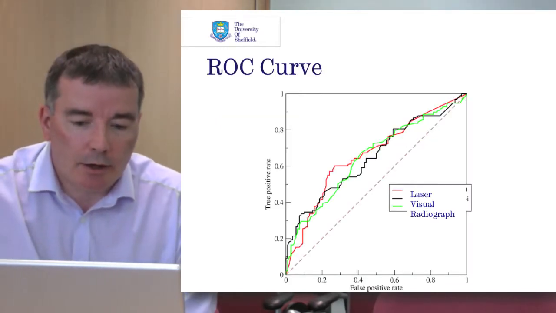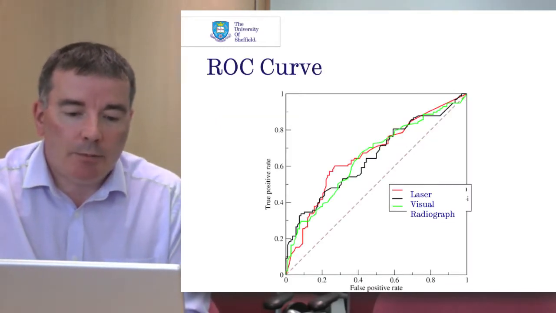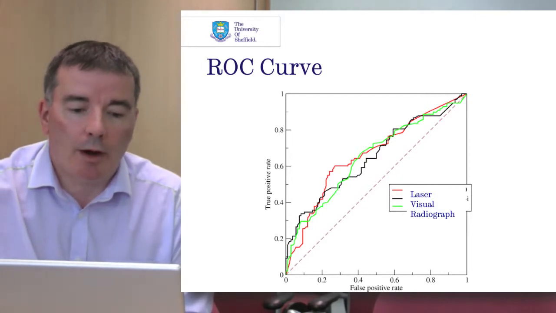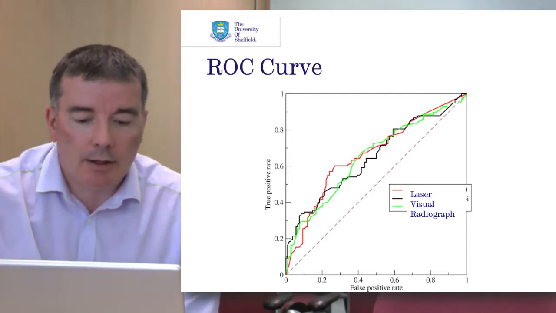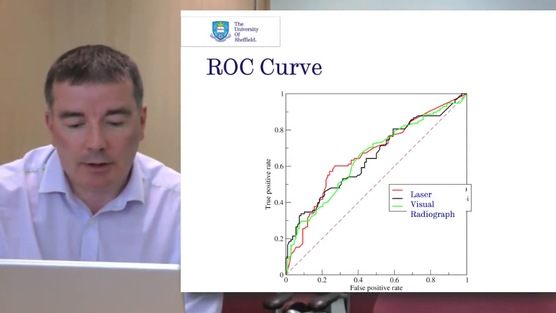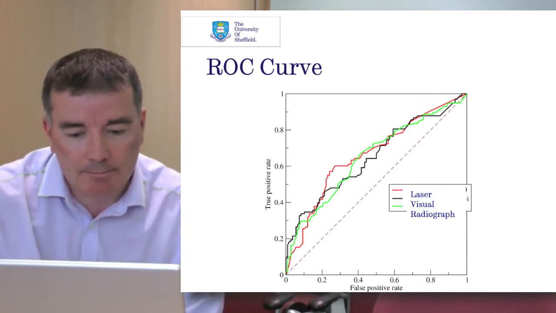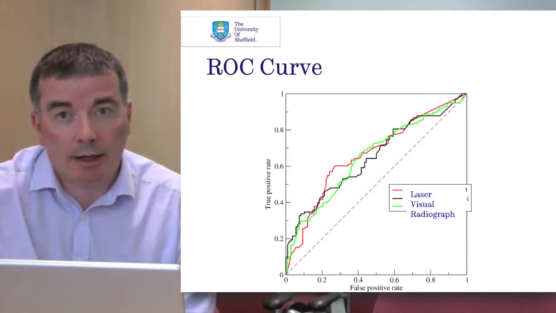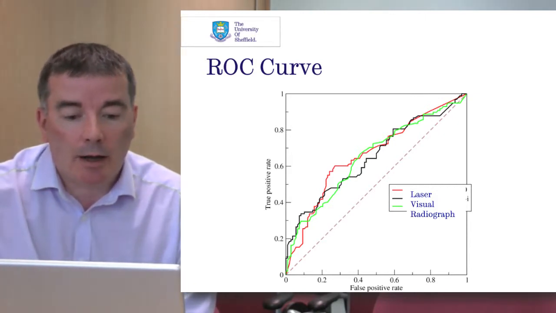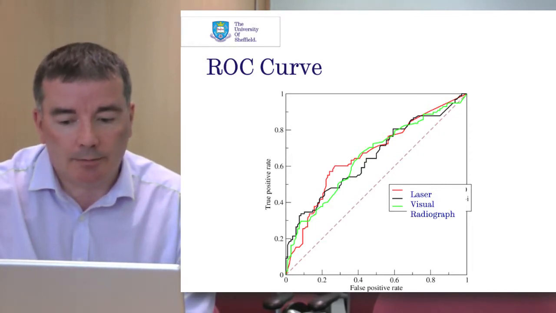Receiver operating curves use the same principle of, on the y-axis, the sensitivity or the true positive rate, and 1 minus the specificity or the false positive rate, to allow you to compare different diagnostic methods at different thresholds.